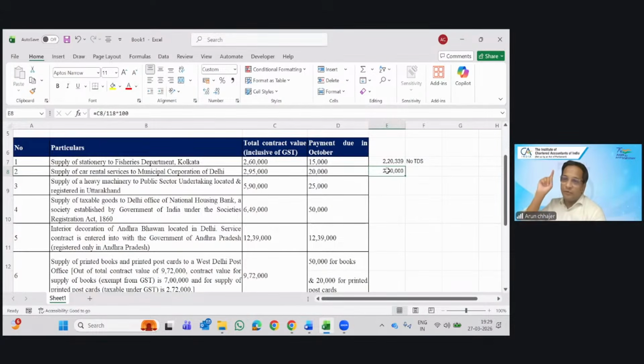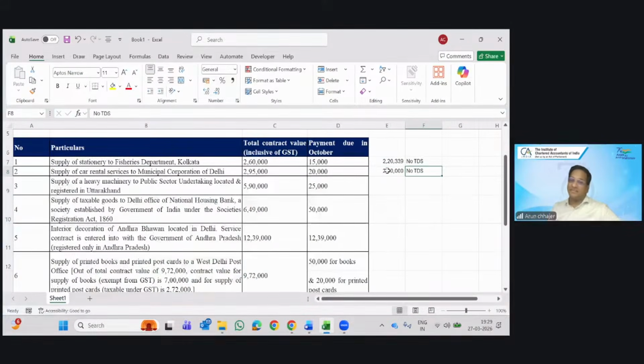So what is the provision? If the contract value is equal to or more than 250, then TDS would be applicable, or is it only greater than 250 that TDS would be applicable? What word is written? If you go and refer, it is written contract value exceeds 2,50,000.